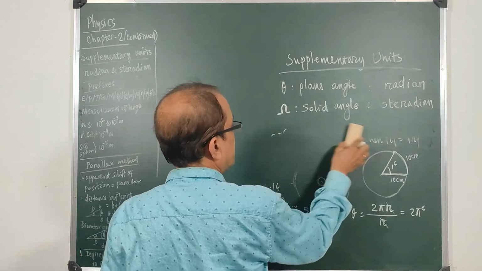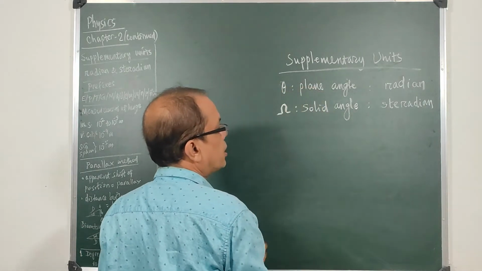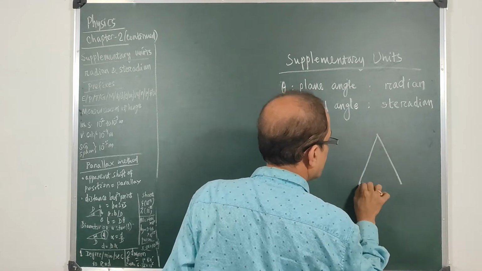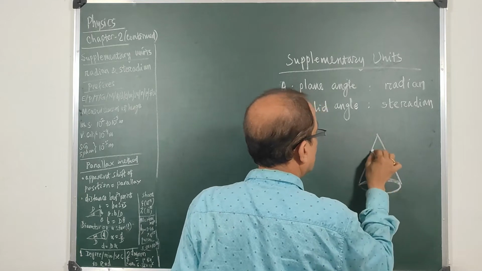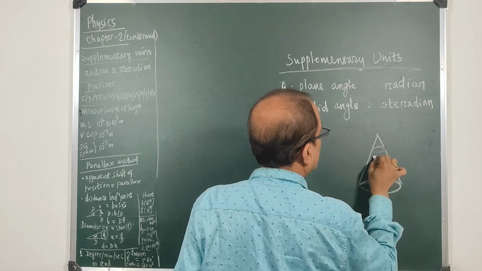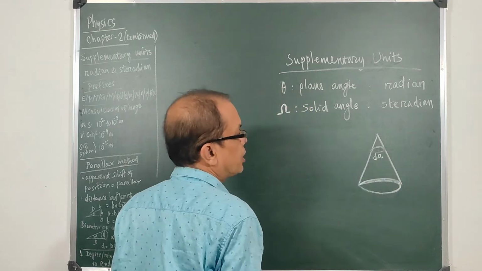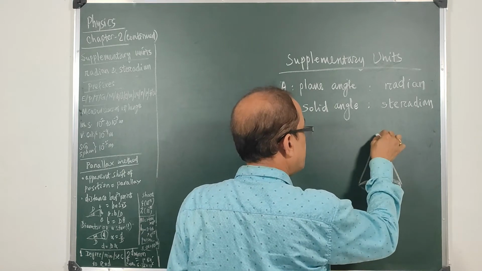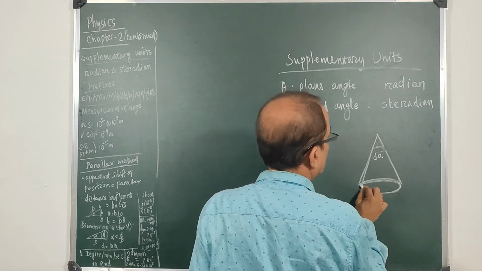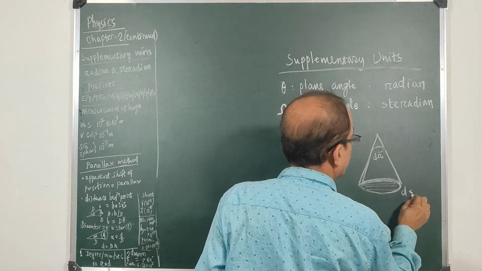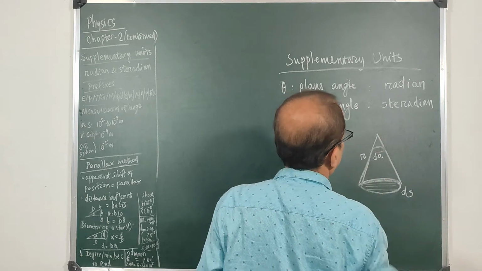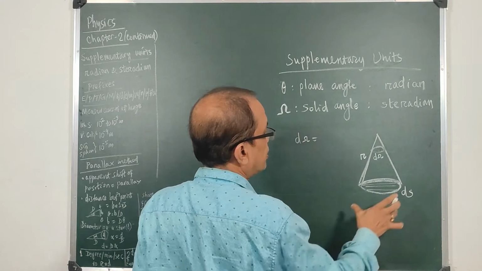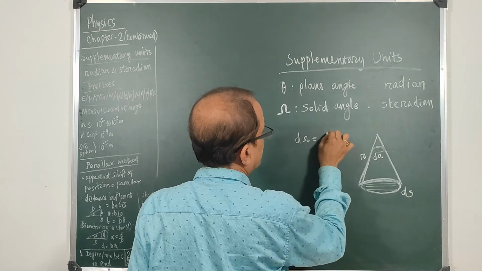For measuring the solid angle, there should be a point from which we measure. If the solid angle is d omega, a small value of omega, and the surface area is ds and the radius is r, then the solid angle d omega will be given by the surface area divided by the square of the radius.